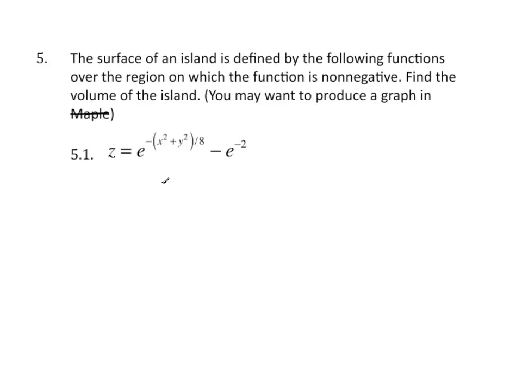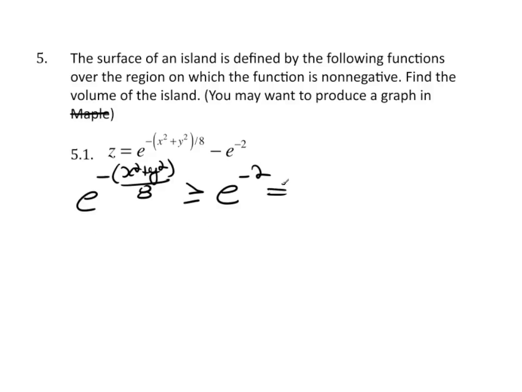So in order to find where that actually happens, what I need is e to the negative x squared plus y squared over 8 to be greater than or equal to e to the negative 2. That's the only way this is going to be positive or 0.